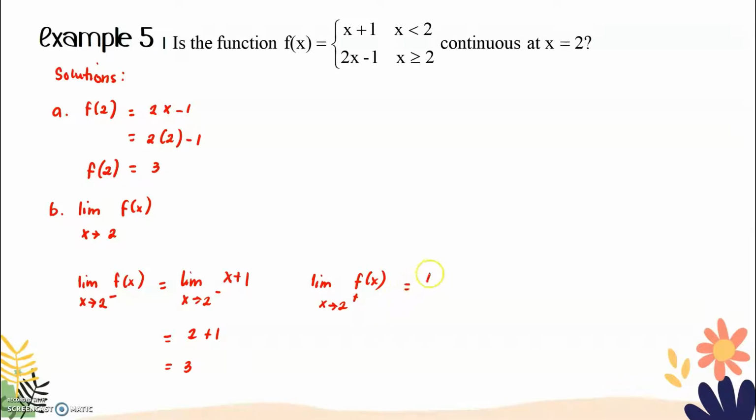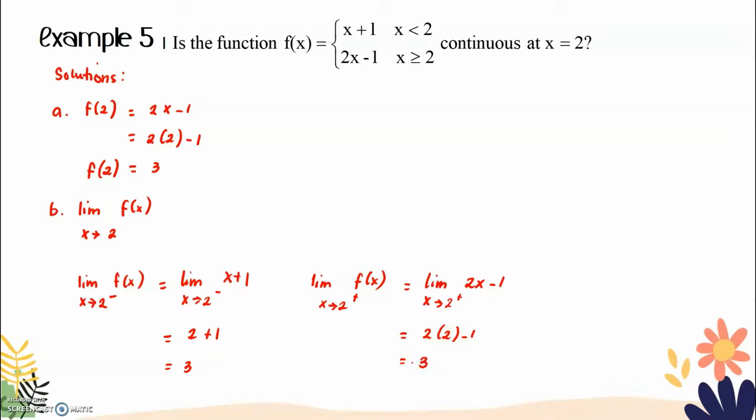The values of x that are approaching 2 from the right are the values greater than 2, so we will use the piece of the function 2x minus 1 to evaluate the right-hand limit. You have the limit of 2x minus 1 as x approaches 2 from the right. Direct substitution: you have 2 times 2 minus 1. 2 times 2 is 4, minus 1 is 3.